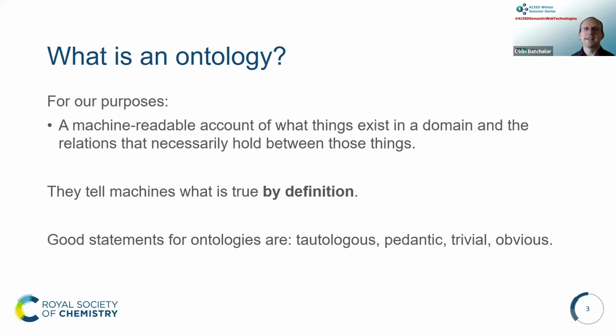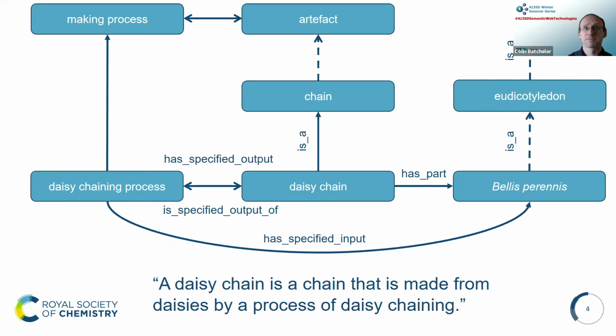Basically what they do is they tell machines what is true by definition. And it's generally good if you have an ontology where the content is tautologous, trivial, pedantic, obvious, because what's obvious to us as embodied language using mammals is very far from obvious to a machine.